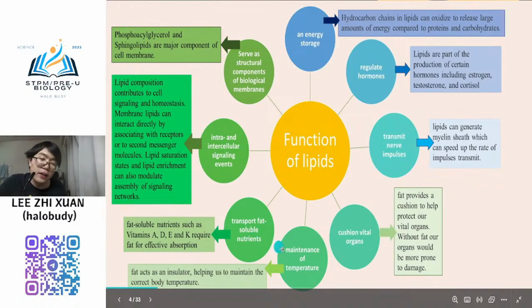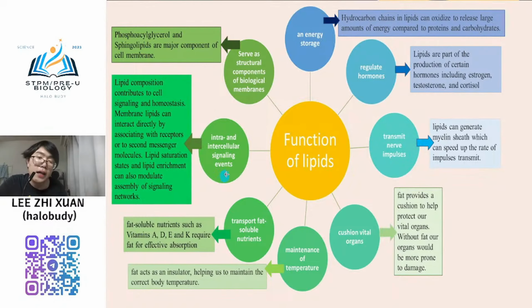Okay. And then this one is transport of fat-soluble protein. And then intra- and intercellular signaling events. Normally this one can act as the receptor. And the final one is to serve as a structural component of biological membrane. One example is phospholipid. Although we are not entering chapter 3, in SPM you learned a chapter about the plasma membrane, right?